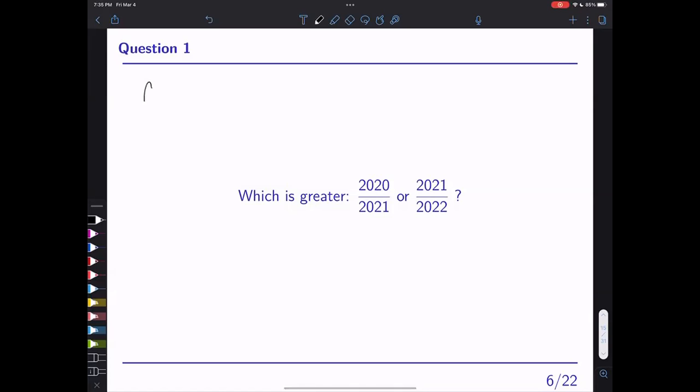I'll even put the hint here. Now, this hint doesn't directly solve the problem, but it gives you a step on the way.